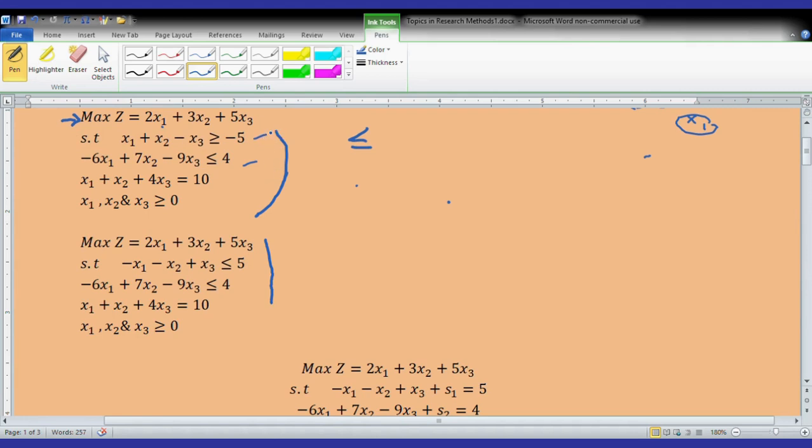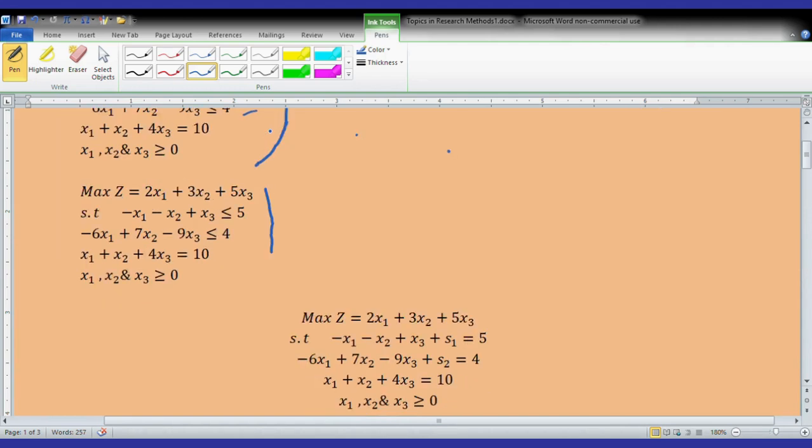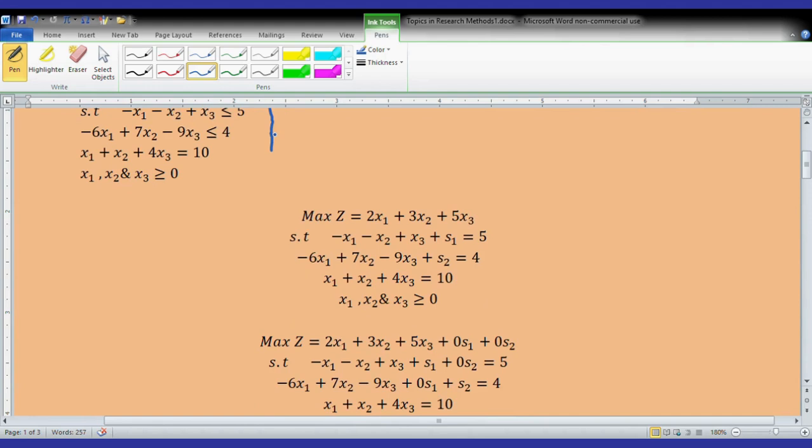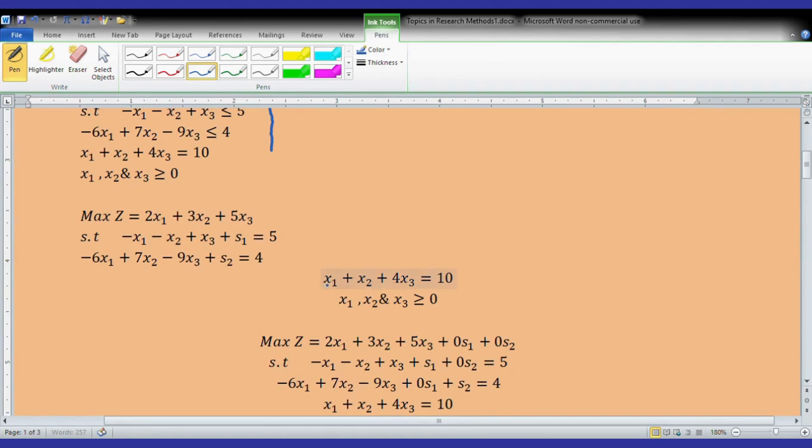Then the next step, which is needed to convert a maximization problem into its dual, which will be a minimization problem, is to write down the problem in the standard form, and this is something that we do by converting all the inequalities into equalities as far as the constraints are concerned.